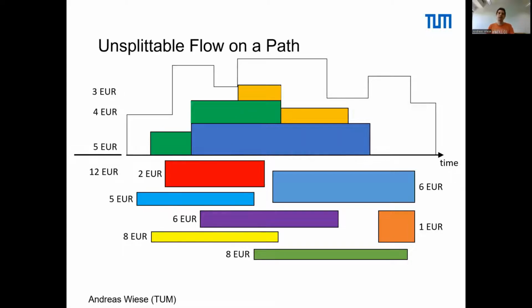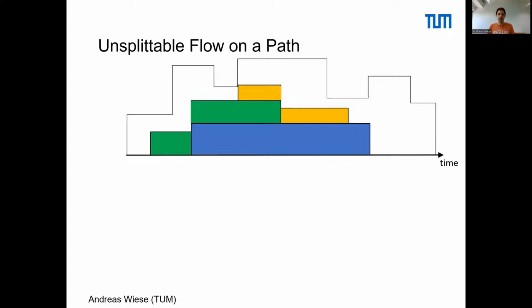Okay, so this problem is called unsplittable flow on a path in the literature. And now you might ask yourself, why is this problem called unsplittable flow on a path? Where are the flows here? Well, typically this problem is defined on a path where every item, which I'm going to call tasks from now on, is specified by a start vertex and an end vertex, and these capacities that you see here correspond to the capacities of the edges.